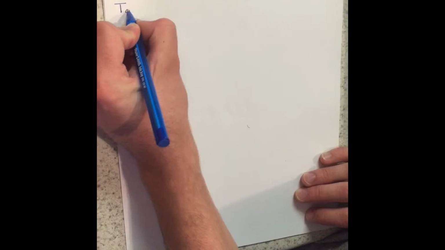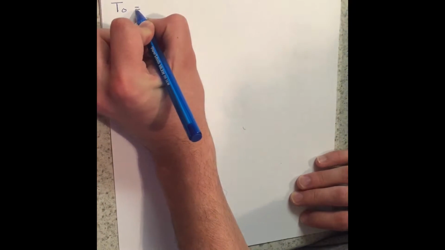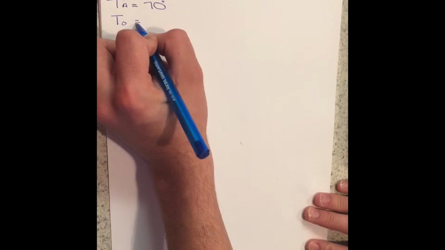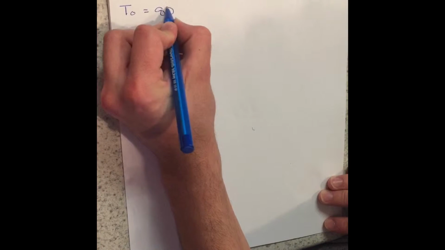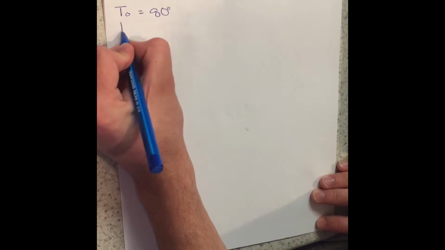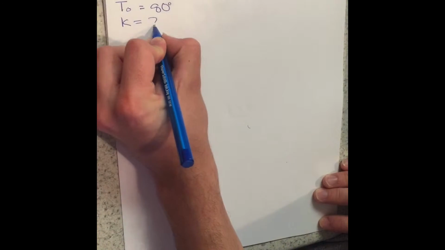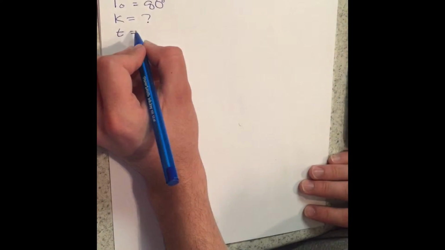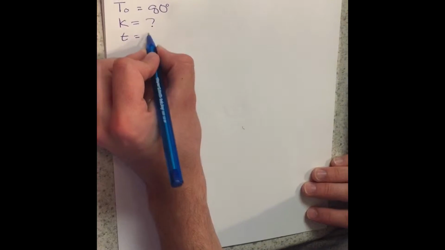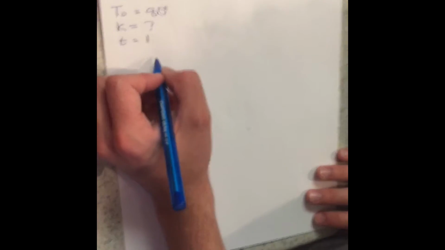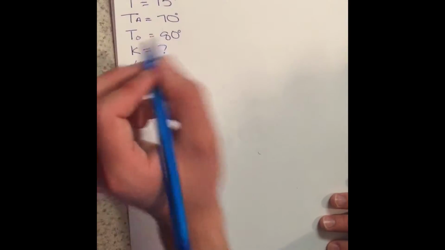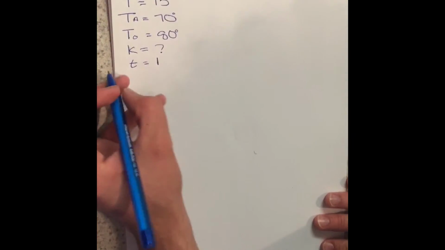Then we have TO, which is just T object. So at 4 o'clock, Mr. Fee's body was 80 degrees Fahrenheit. There's K, what we're solving for, and little t, which is time. So from 4 to 5, it was an hour, so 1 hour. Okay, and then you can just plug your variables into the formula and then get your rate.